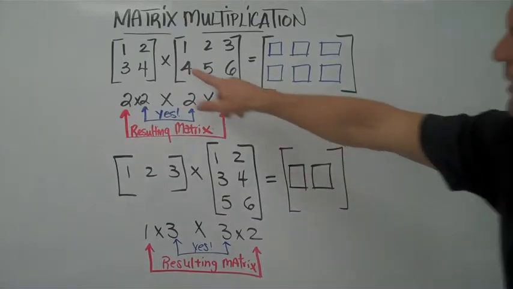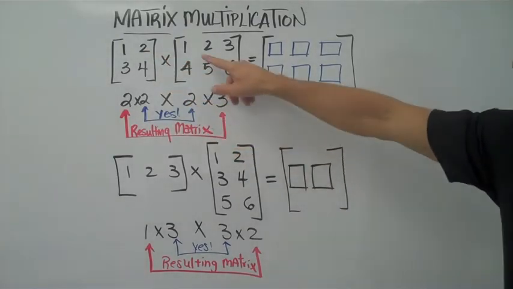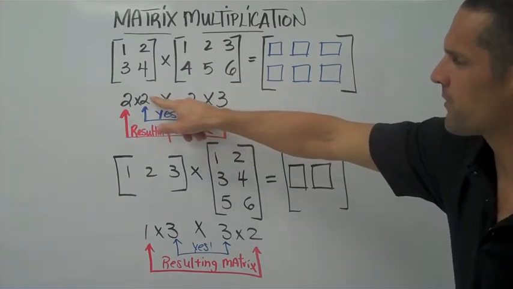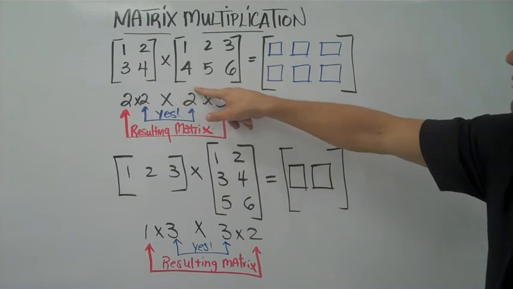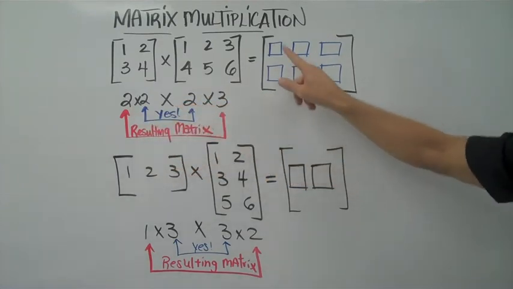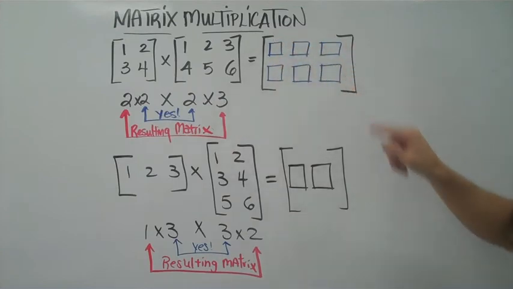Here are some other examples. If I have a 2 by 2 matrix times a 2 by 3 matrix, the columns from matrix 1 equal the rows of matrix 2, so the resulting matrix will be a 2 by 3. 2 rows by 3 columns.